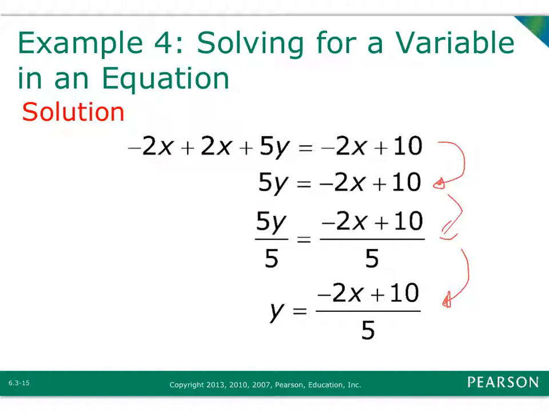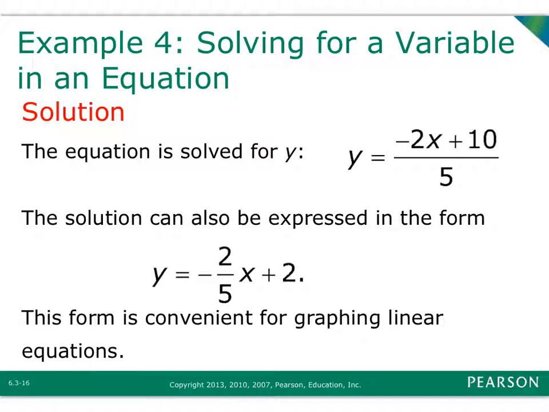However, we want to rewrite this equation in a form that we will recognize in the future. So we go to the next page. So the equation is solved for y, obviously, but it isn't in the form that we would like it to be.